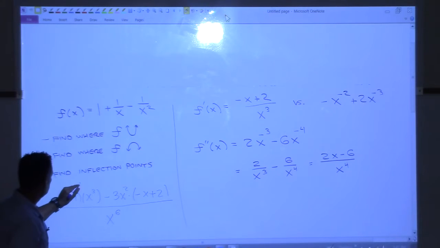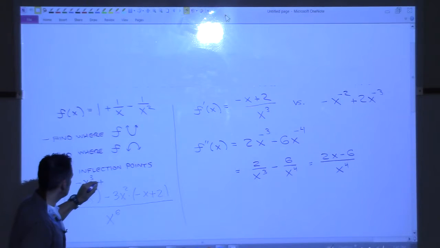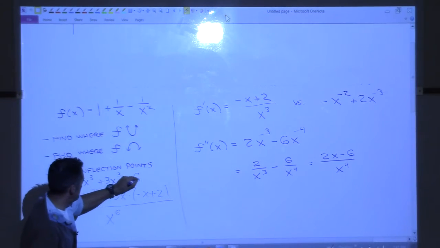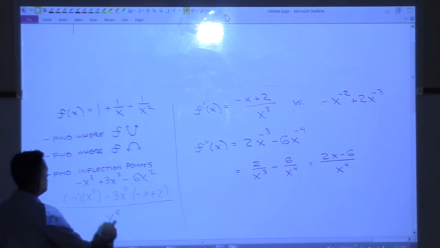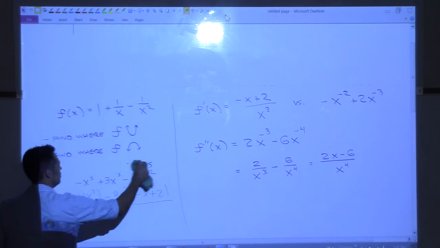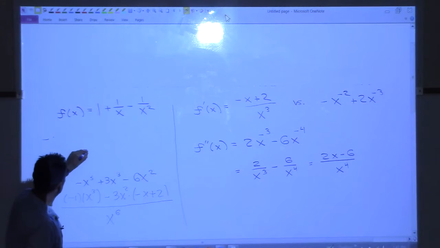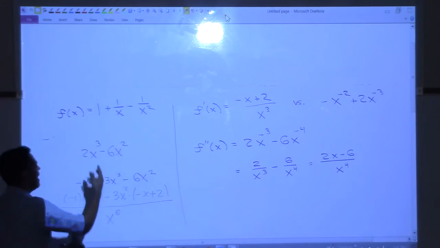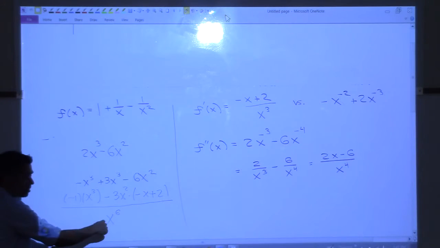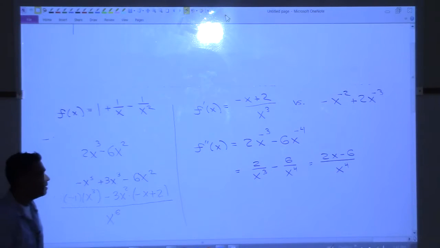So you'd have negative x cubed here, and then we distribute there, you get plus 3x cubed minus 6x squared. And then you could put those together. I'm just working on the top here. Put those two together so you get 2x cubed minus 6x squared on top. Factor an x squared out, reduce it out with this. That becomes x to the 4th. That becomes 2x minus 6. So you get the same thing.